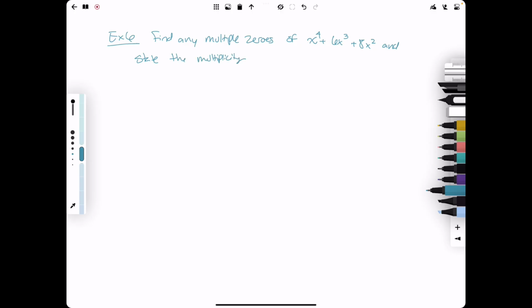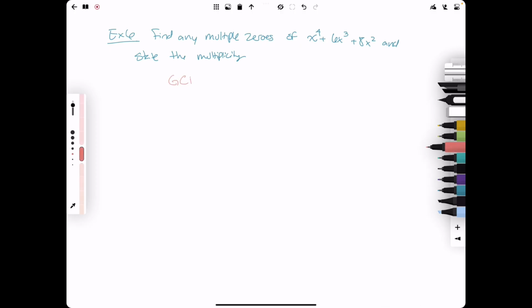So Lily, what were you saying? They all have some kind of common factor, right? What's the greatest common factor among them? What can they all be divided by? Yes, x squared. They can each be divided by x squared, right?